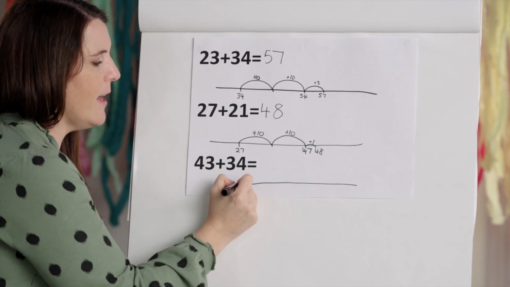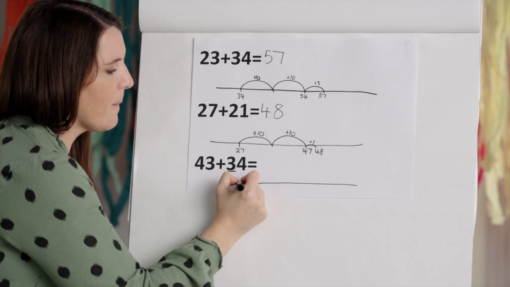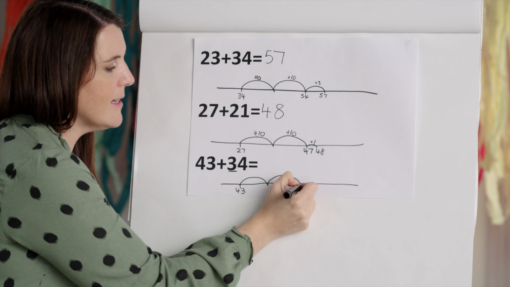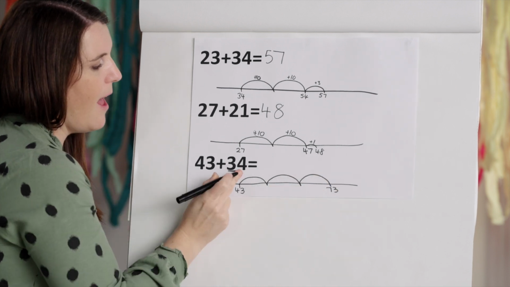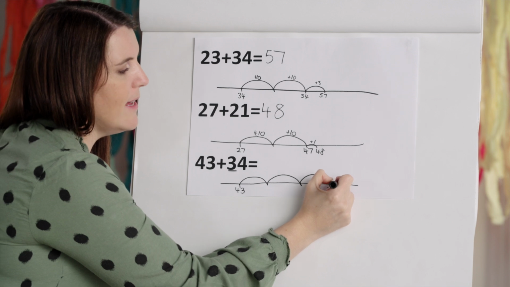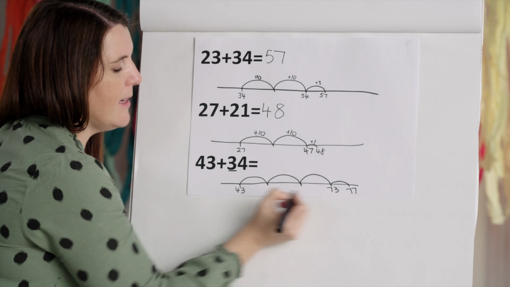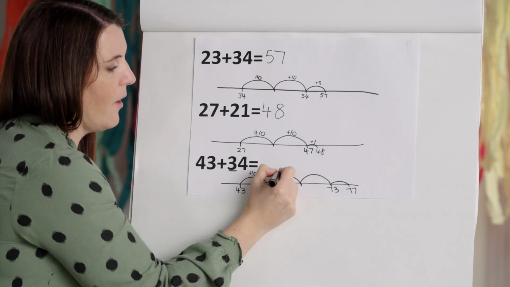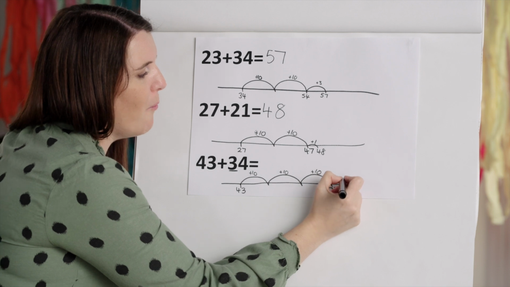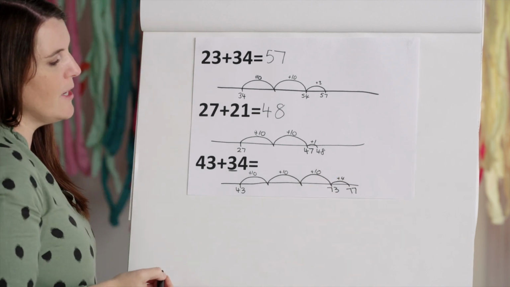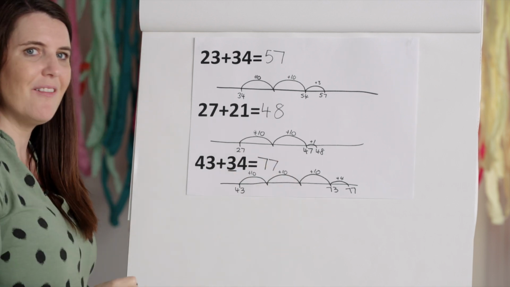So 43, I've got 3 tens, 53, 63, 73, and 4 ones, 73 plus 4 is 77. So remember, it's important to always write what I'm doing. 43 plus 34 equals 77.